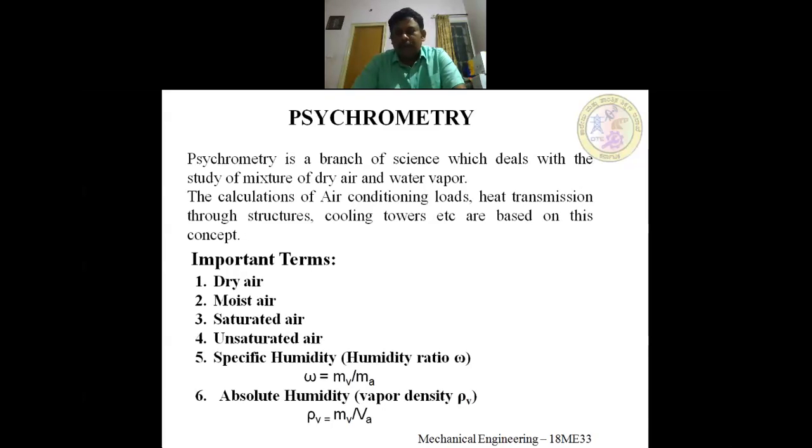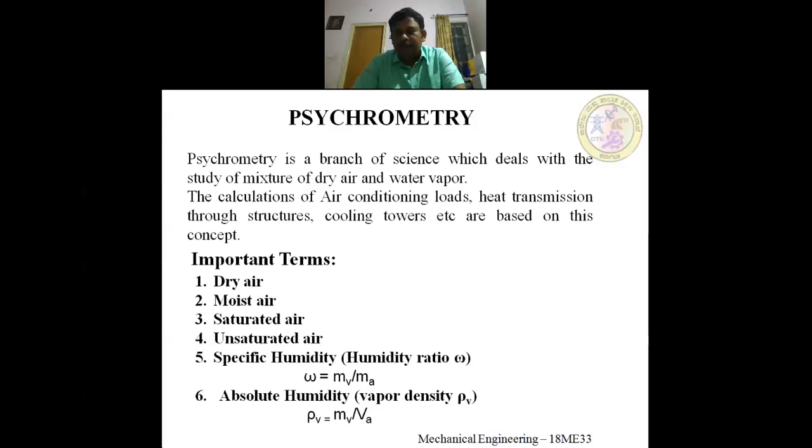You should know the terms which are used in psychrometry. First one, dry air. Dry air is air which does not contain any moisture or water vapor. For example, atmospheric air is a mixture of dry air and water vapor.